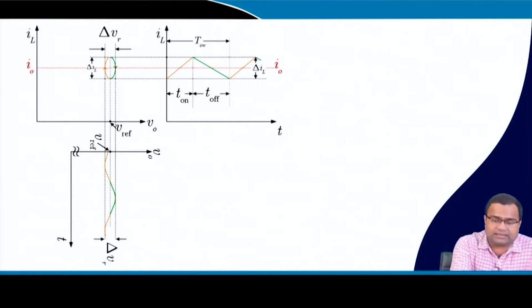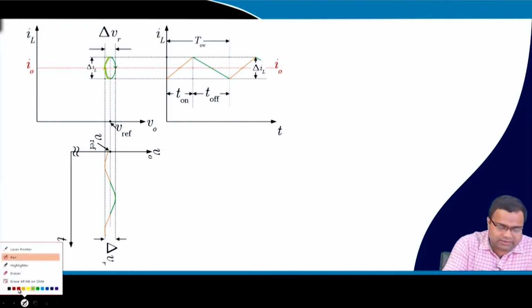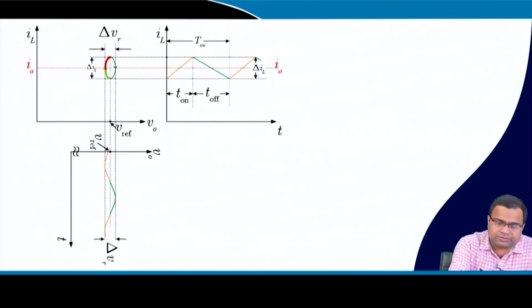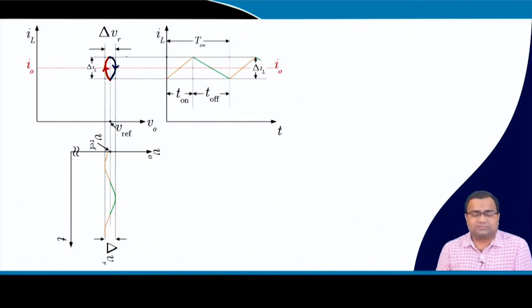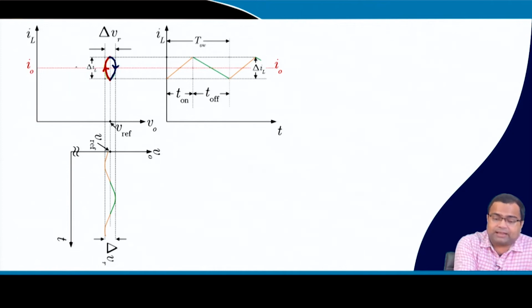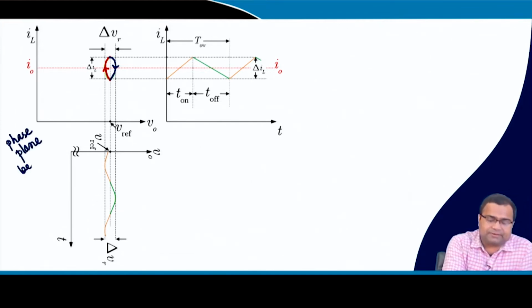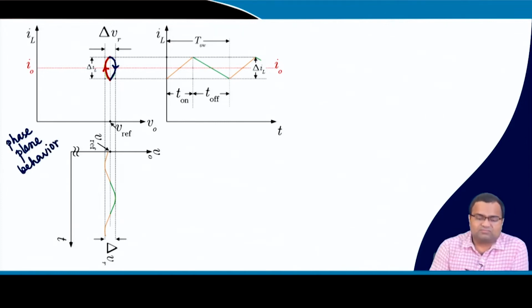This is under steady state: this is my on state trajectory, I can use red color, and this is my off state trajectory. This is my phase plane behavior.